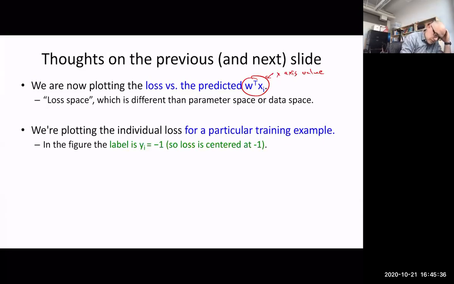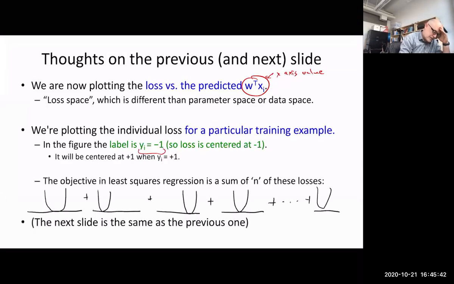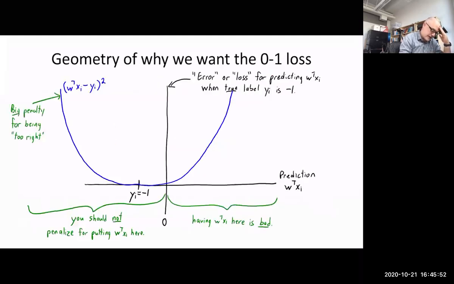In the figure that we just showed, and we're going to show again, the label is Y equals -1, so the loss is centered at -1, right? And it will be centered at +1 when the label is +1. And the objective in least squares regression is the sum of n of these losses, as always. Okay, so the same plot is here, right?